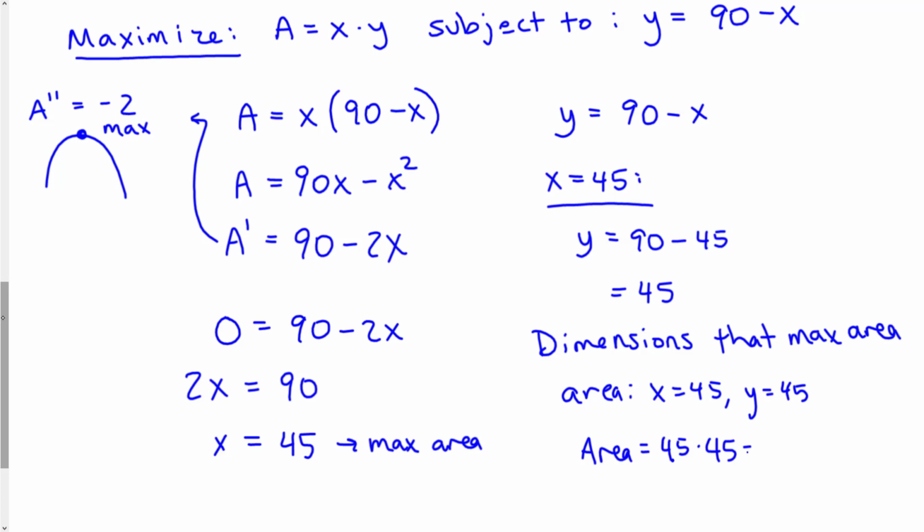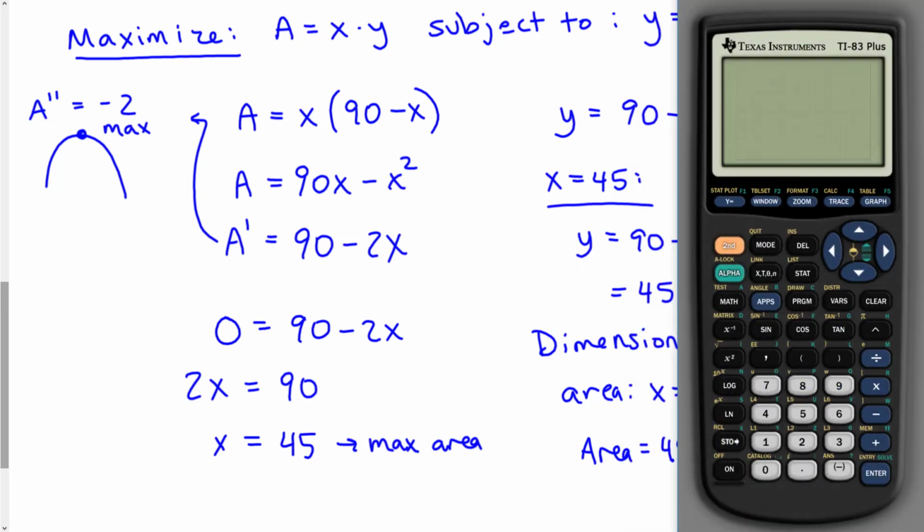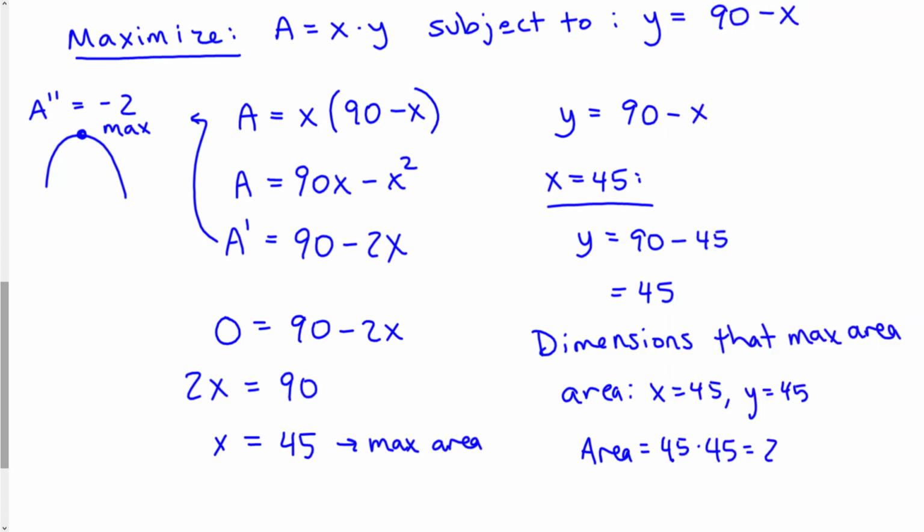Just grab a calculator to figure that out: 2,025. So 2,025 square feet in this case. That's the largest area of rectangular garden we could produce.